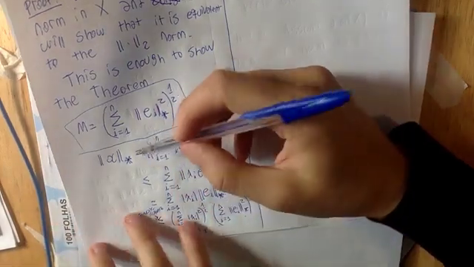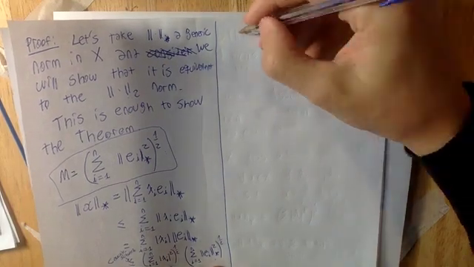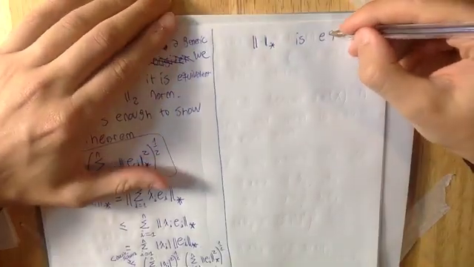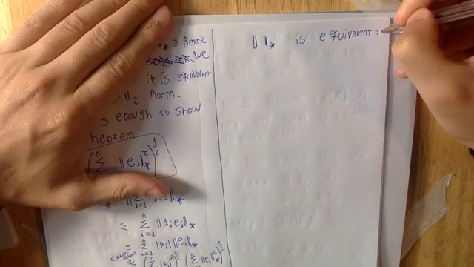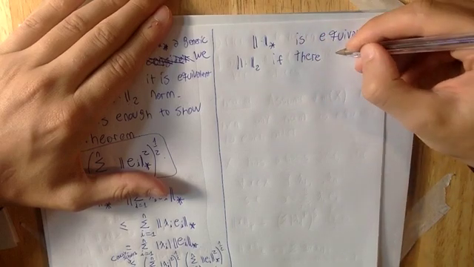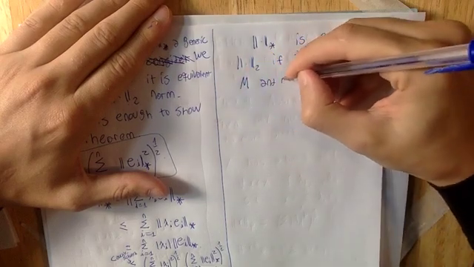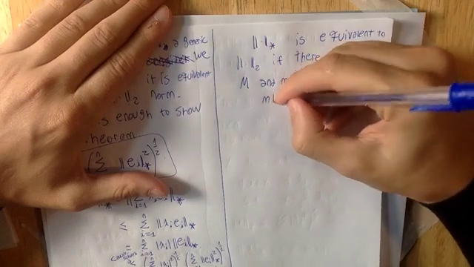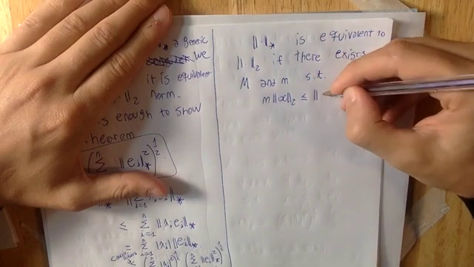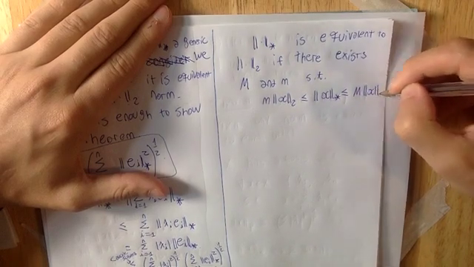All right, so this shows one side of the equivalence. I guess I didn't say it before, but equivalence means showing that there exist M and little m such that the norm star is equivalent to the norm 2 if little m times the norm of x2 is less or equal than the norm of x star, which is less or equal than M times the norm of x2.